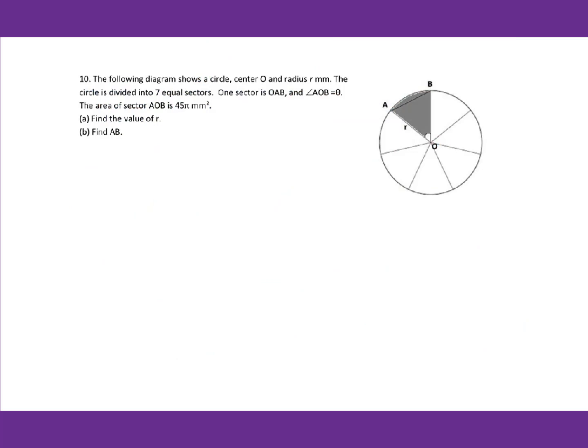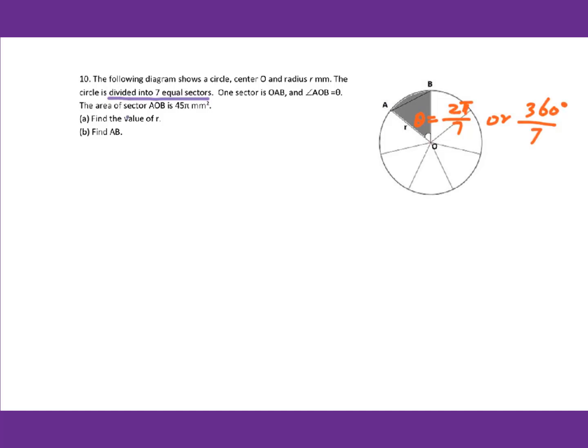For number 10, this circle is divided into 7 equal sectors. One sector is OAB and angle AOB equals theta. For this, theta equals 2 pi over 7. Or if you use degrees, you have to do 360 degrees over 7.